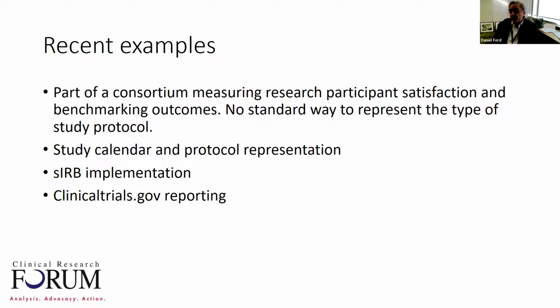And these are all big sites, and we all wanted to represent the study protocol so we could begin to look and say, are people in this type of protocol more satisfied than others? The reality is all of our institutions had a very hard time with a common description of the study protocol.